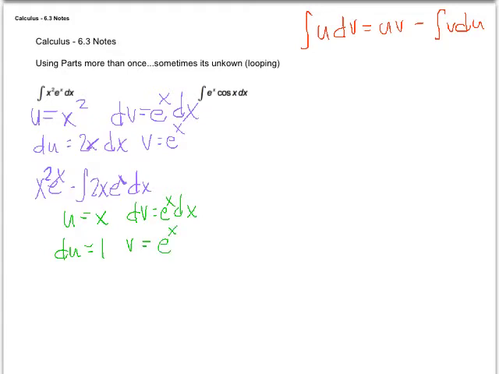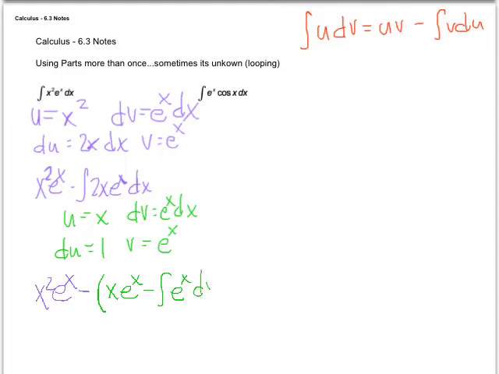And we like this, because then when I apply my formula again, I still have my first part from in purple. I still have x squared e to the x minus, but now I've got green, and so I do uv, which is x e to the x, minus the integral of v du, which is e to the x dx.